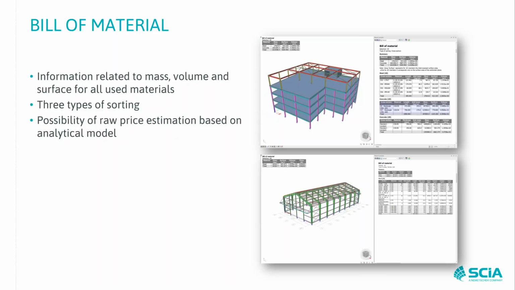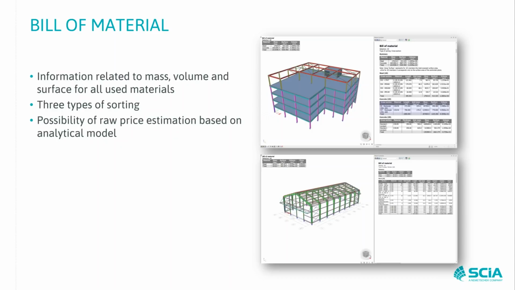You already have access to information related to the mass, volume, and surface for all used materials like concrete, steel, aluminum, etc. There are also 3 types of sorting, which I will show during the live presentation. And last is the possibility of a raw price estimation of the analytical model.